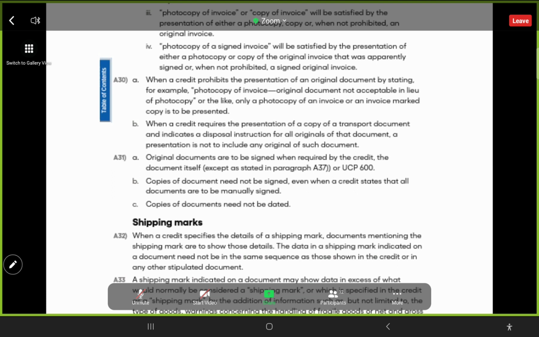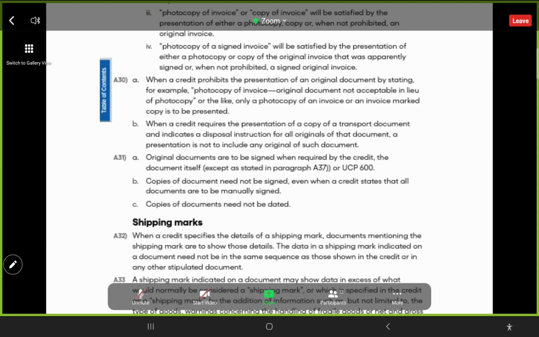Yes. Photocopy of a certificate? No, it need not be signed. Insurance document original? Should be signed. Transport document original? Should be signed. Photocopy of an insurance? No. Perfect. So all the original documents are to be signed only when it is required by the credit document itself or UCP 600.